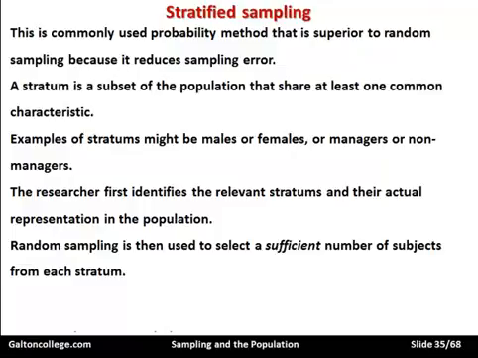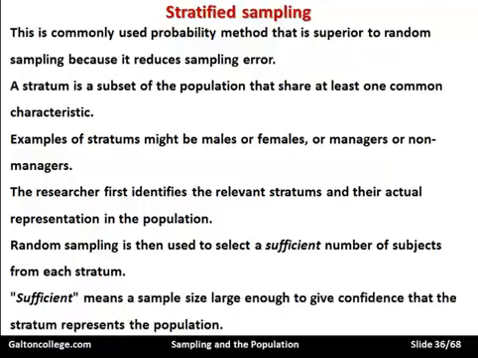So having worked out the strata, it's then random sampled within the strata, which gives the stratified sampling. It is seen as superior to random sampling in the sense that it at least guarantees that all the different parts of the population are represented.